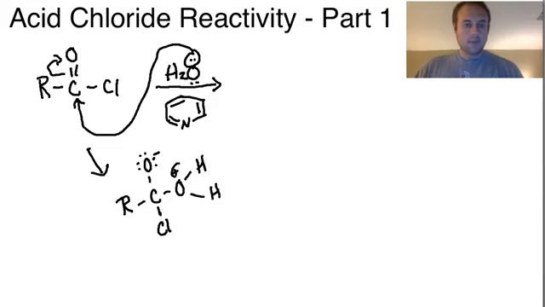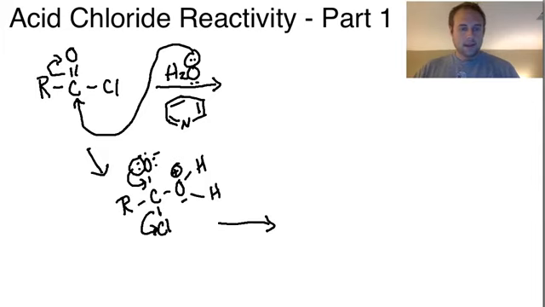Remember, it comes with the positive charge. This is not OH yet. So the chlorine is going to leave in this case, and when that happens, right, this would come back down. Now some people might show this occurring in the same step where the proton removal is going to occur. I don't mind showing it in a separate step here.